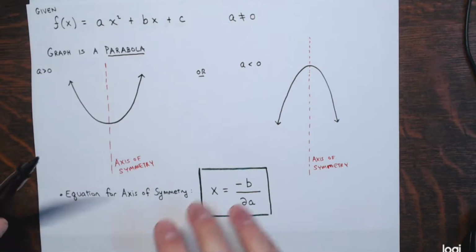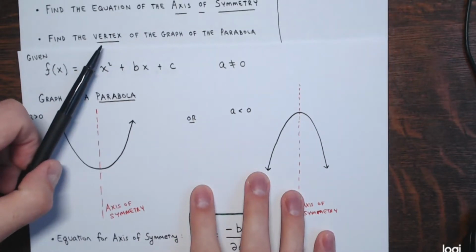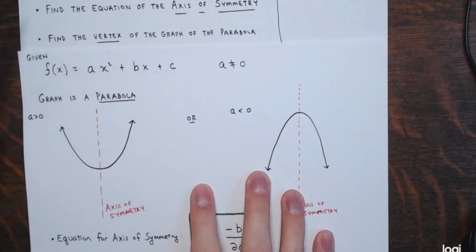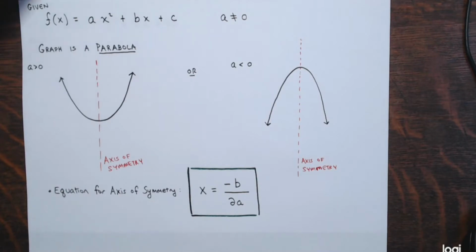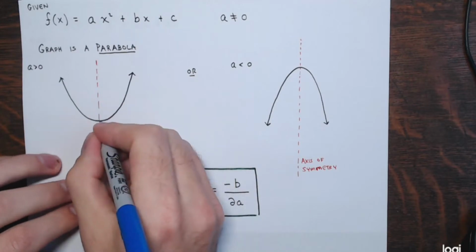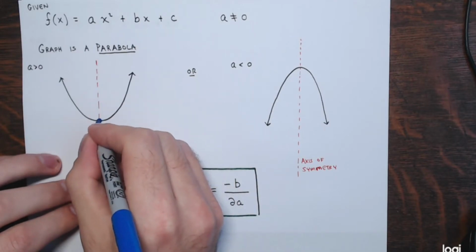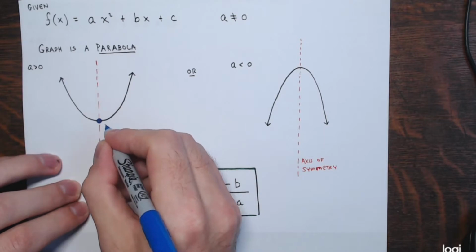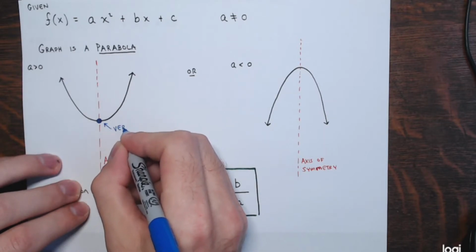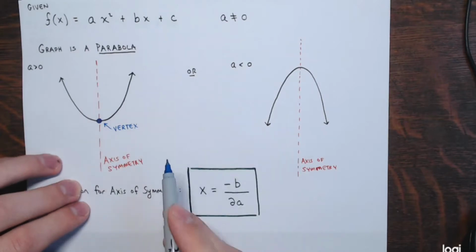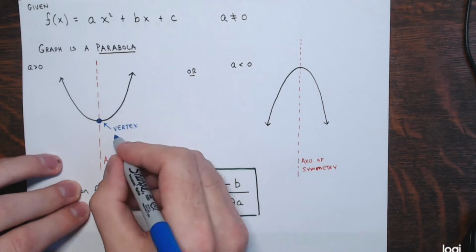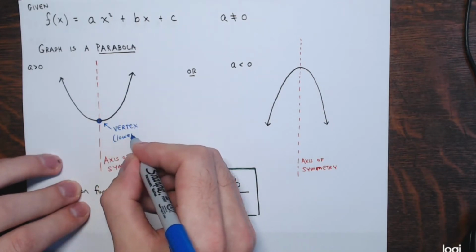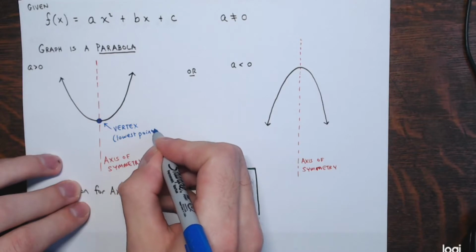Now they also mention the vertex in the instructions. Find the vertex of the graph of the parabola. The vertex is the point of the parabola that's on the axis of symmetry. So this point right here would be the vertex. When a is positive, when the parabola is opening up, the vertex is the lowest point of the parabola.